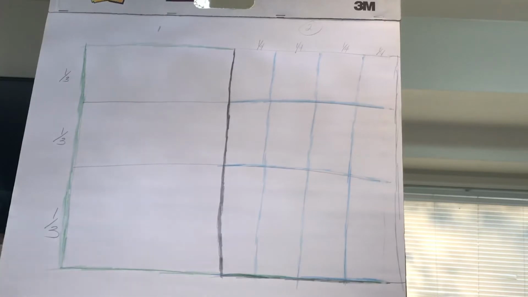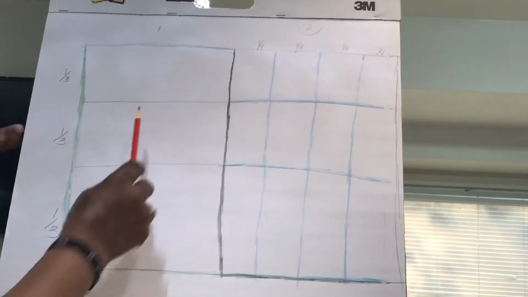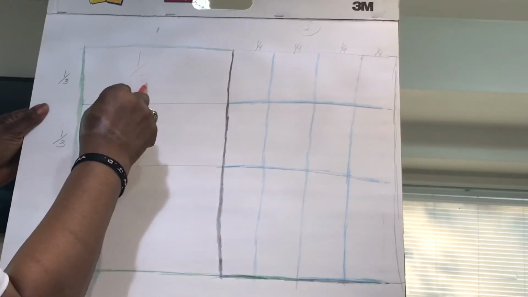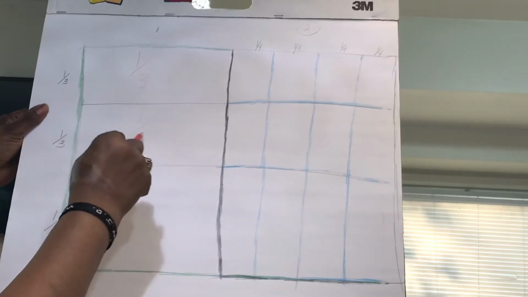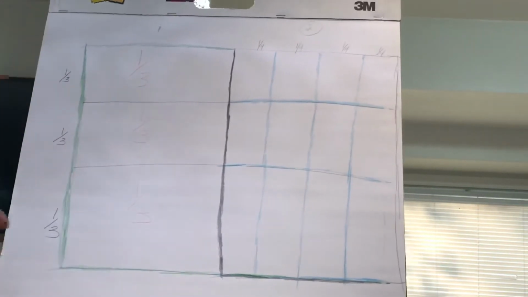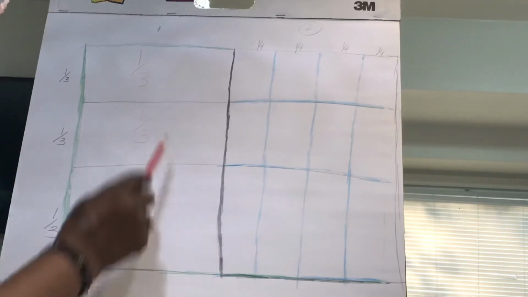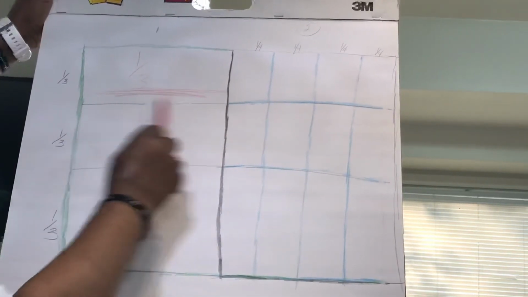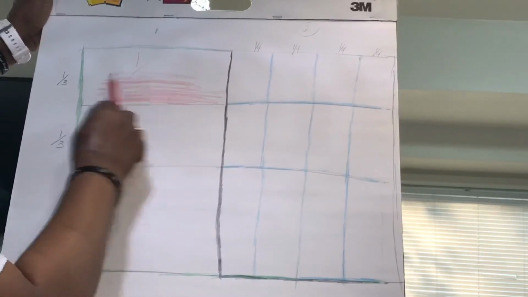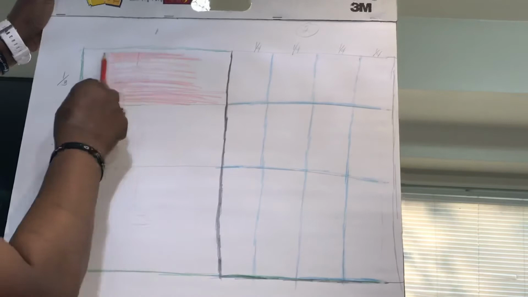So this is my 1 whole, and I want to take 2/3 of it. So 2/3 would be 1/3, 1/3, 1/3. But of those 3, I want 2 of them. So I'm going to shade in 2 of the thirds.